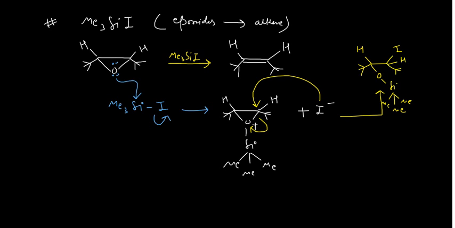Now if you do the protic workup for this one, I can write H positive over there. The moment you do the protic workup, what can happen in that case? This bond will break from here, just like that. I'm using a different color for this one. The oxygen, actually this oxygen will grab this I, and this electron density will shift from here. So what would the other product be in that case?